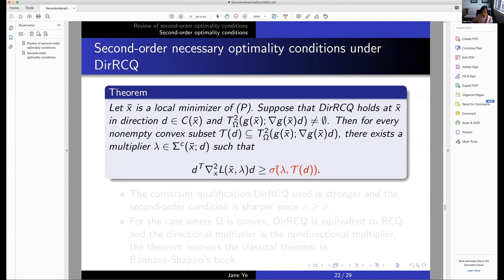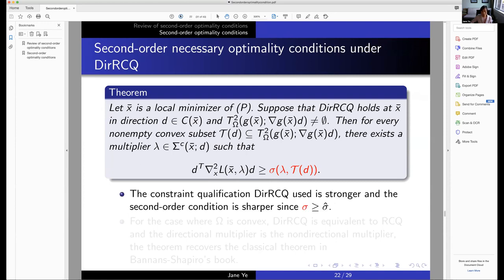And then we can use sigma instead of sigma hat. So the constraint qualification is stronger, but the second order condition is sharper, because sigma is greater or equal to sigma hat. If this holds with sigma, then it will also hold with sigma hat.